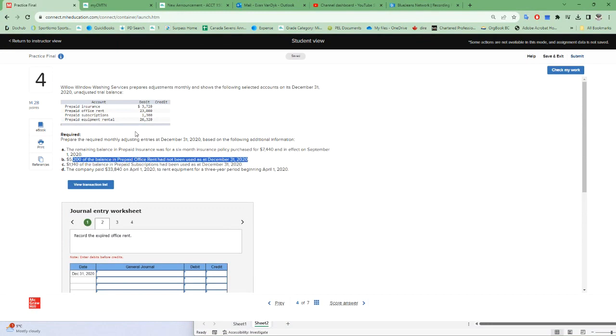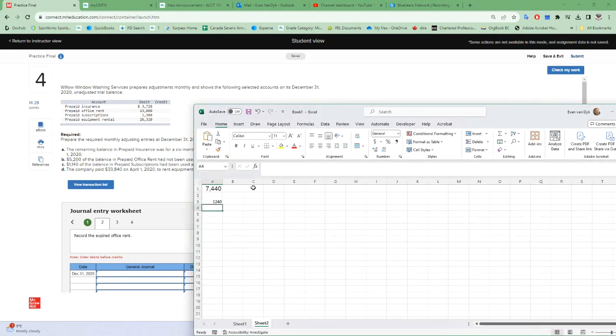$5,200 of the balance in prepaid office rent had not been used as at December 31st, 2020. So we had office rent, and we just need to bring it down from 23,000 to 5,200. We can just take the difference there: 23,000 minus 5,200 equals 17,800.